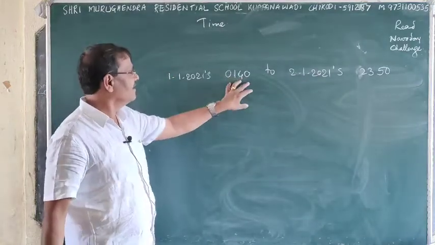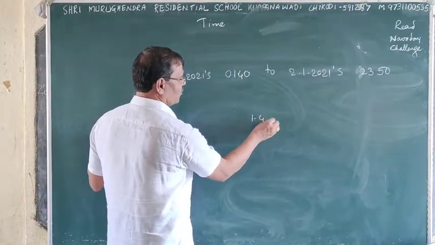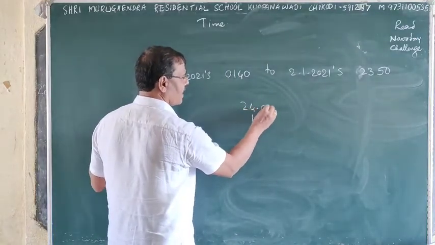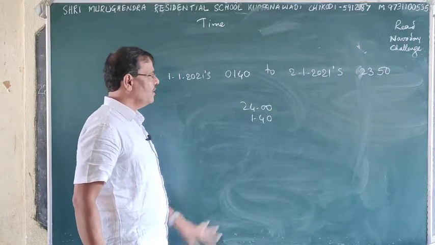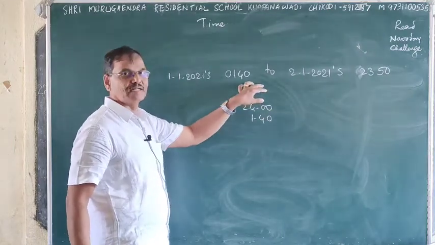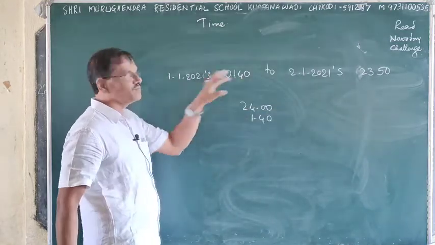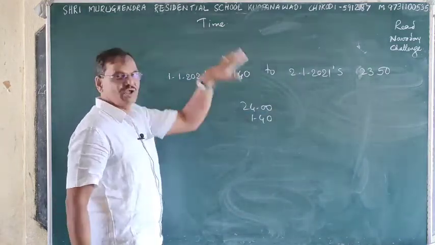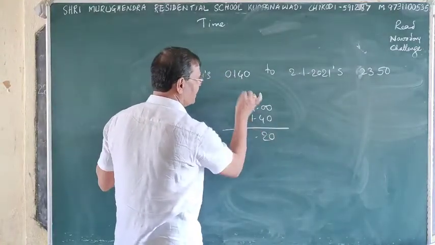Then here you are going from 1:40 to 24 hours, because the date changes after 24 hours. Here no explanation. Early morning, that no explanation. Then here it is 20. This is hour.